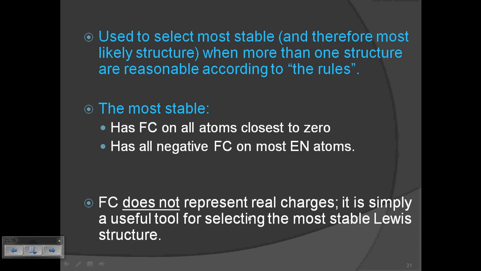And we are talking about the absolute value of charge. -1 or +1 are both considered 1 off from 0. The second guideline is, if different elements in a molecule or an ionic compound or in an ion have the same formal charges, then the correct structure is the one where the more negative formal charge is assigned to the more electronegative atom.